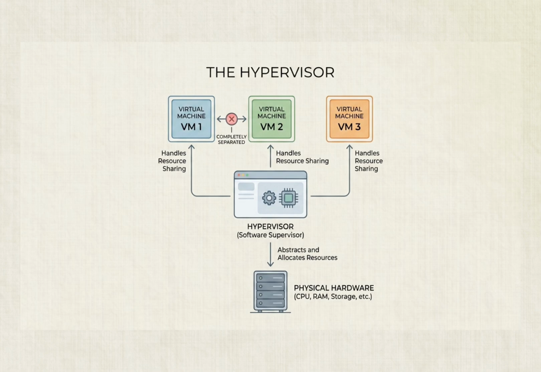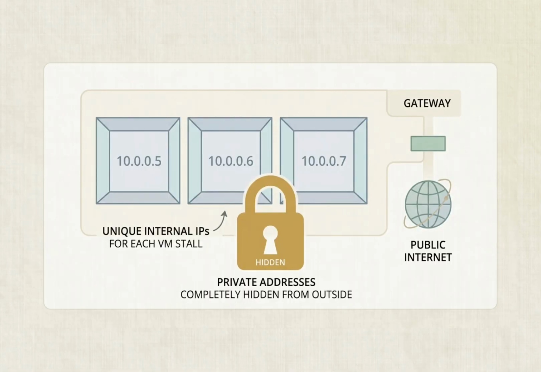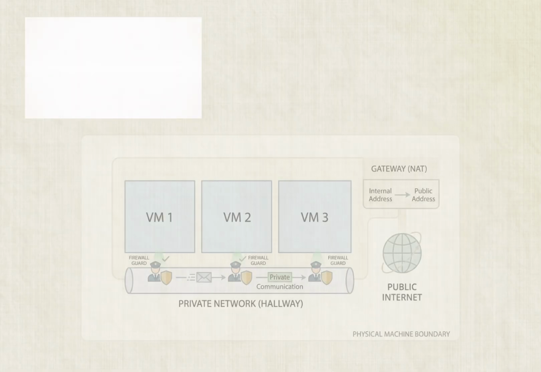Now, how does networking work inside this complex? Each VM stall gets its own unique internal room number or private IP address, such as 10.0.0.5 or 10.0.0.6. These internal addresses are completely hidden from the outside internet. The VMs can talk directly to one another down the private hallway of the building without their messages ever leaving the physical machine.